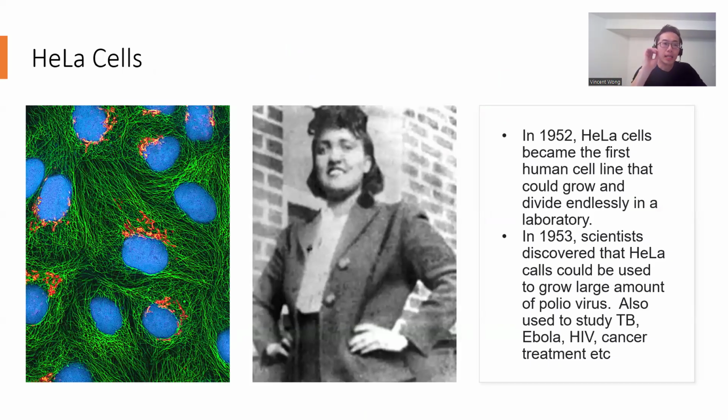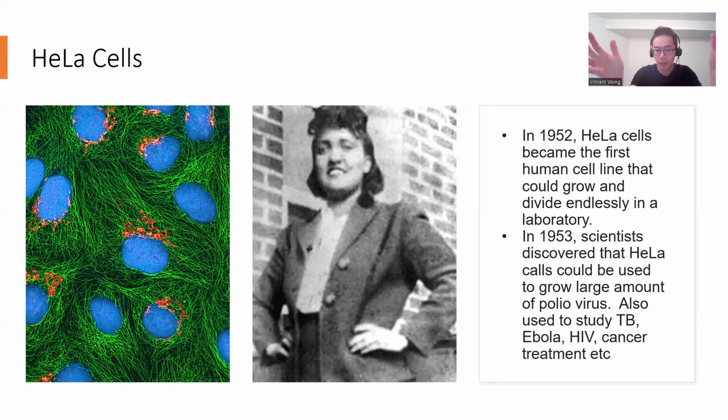Good question. Now, there was this person, her name was Henrietta Lacks, and she had cervical cancer. The doctor treating her at the time took a bit of her cancer cells and was studying them.